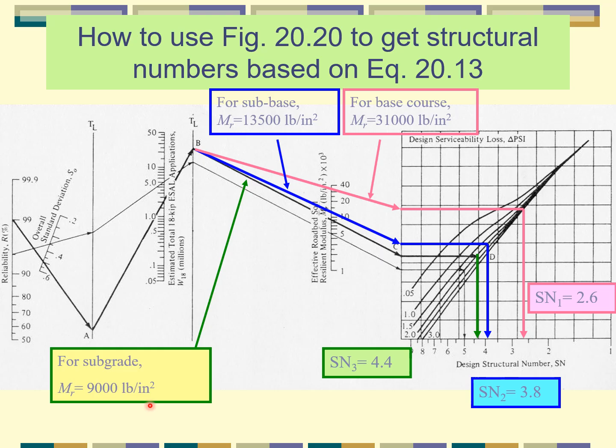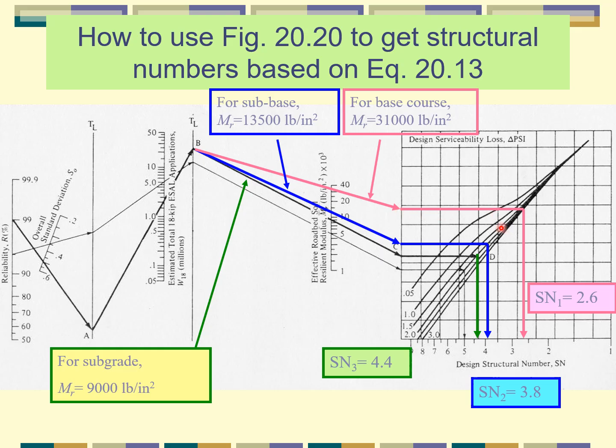So first look at this one. Starting from point B and considering the modulus of resilience of the base course material, that is this one, we have drawn this pink colored line. And then look at this one.